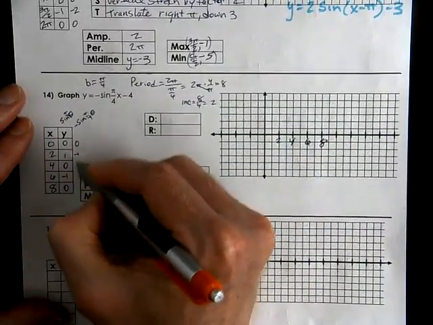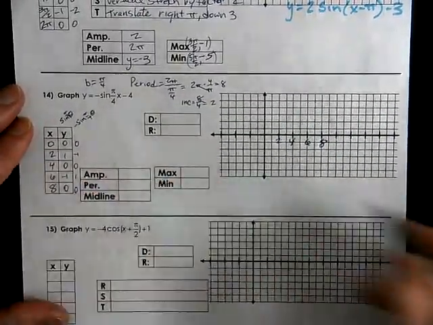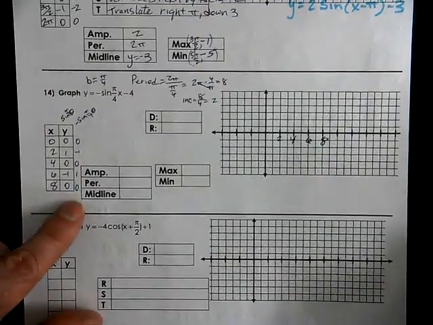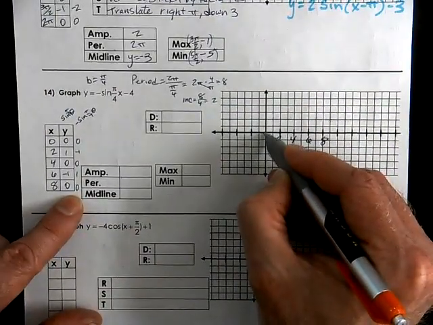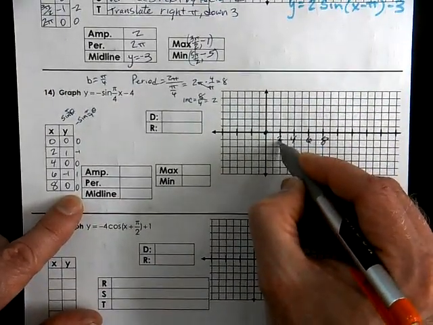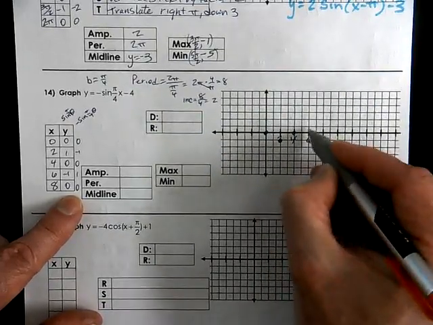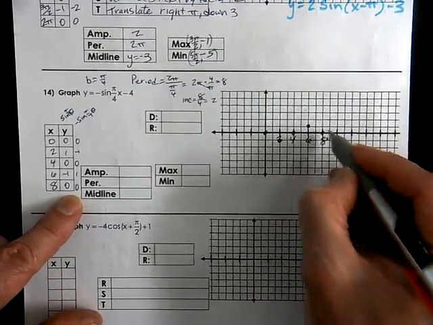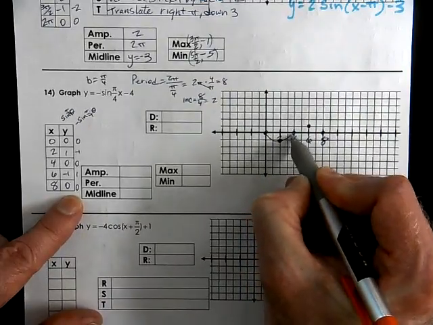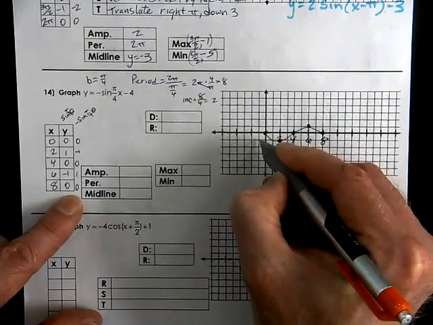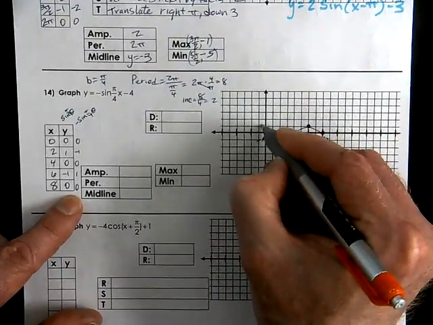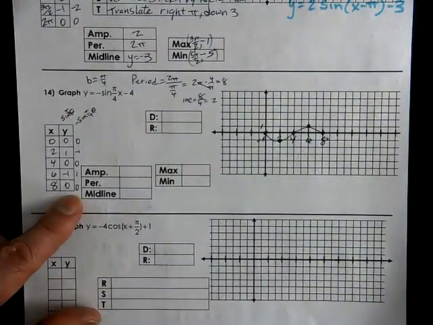That would be 0, negative 1, 0, 1, and 0. So 0, negative 1, 0, positive 1, and 0. This is down 1, this is up 1.